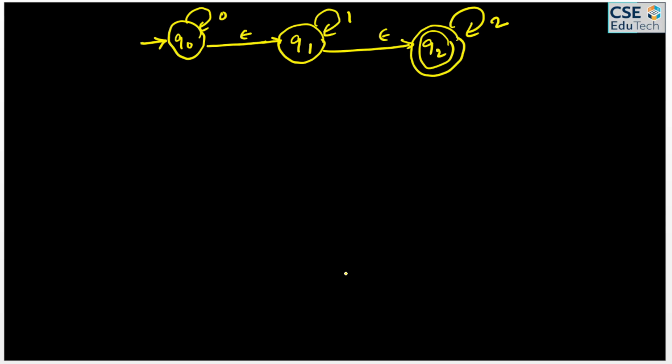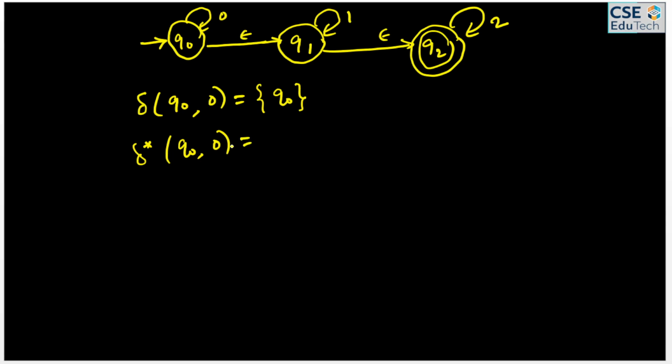Right? Now, in this diagram, what is the meaning of delta Q naught 0? Basically, delta Q naught 0 means if you are in Q naught state after reading 0, what is the state? That is Q naught. But if we write delta star Q naught and 0, it means starting from Q naught after reading 0, what are the possible states that you can move? It is defined by using the epsilon closure definition.